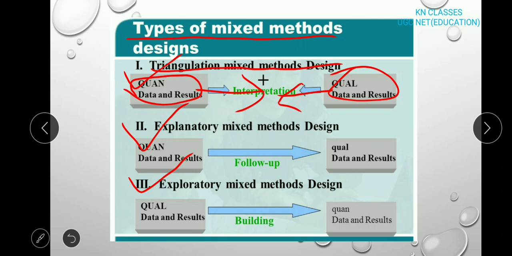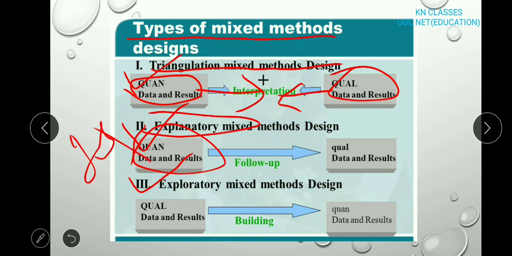Then the explanatory mixed method design. In the explanatory design, the researcher collects the quantitative data first, and after collecting and analyzing the quantitative data, the researcher collects the qualitative data and analyzes it.